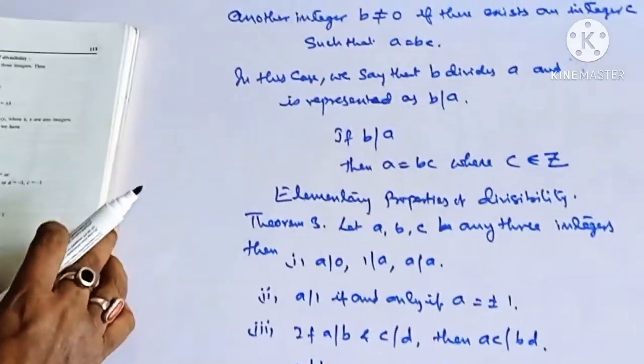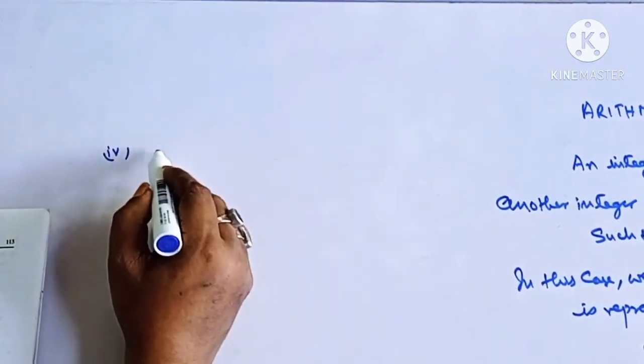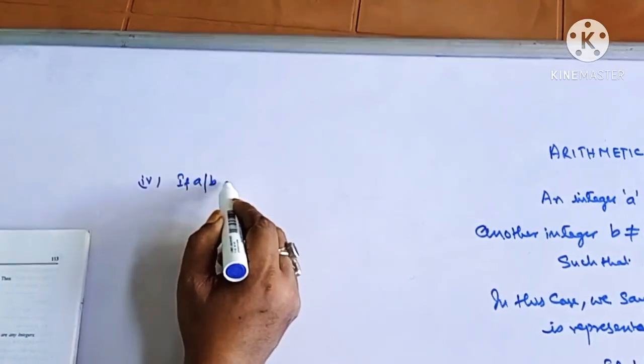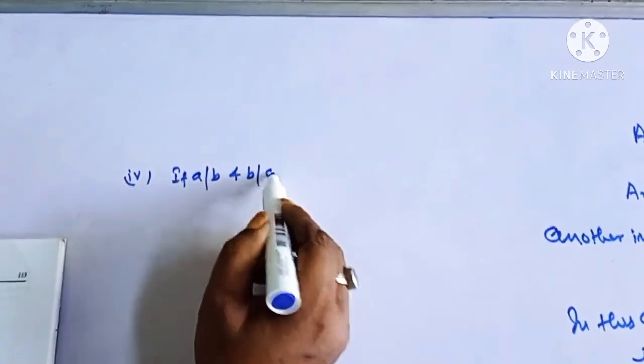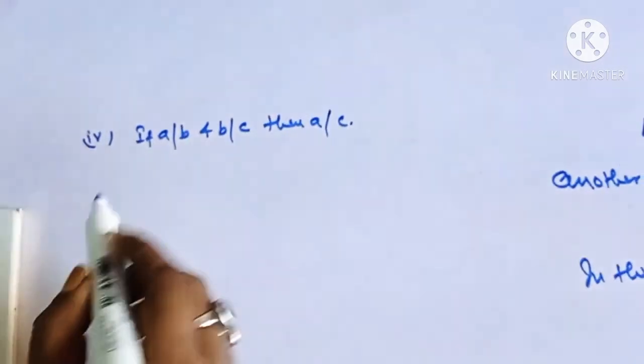Now again, property 4. If a divides b and b divides c, then a divides c.